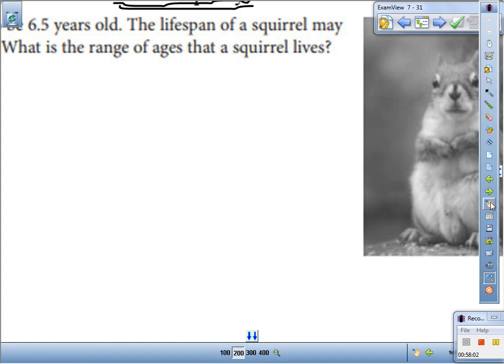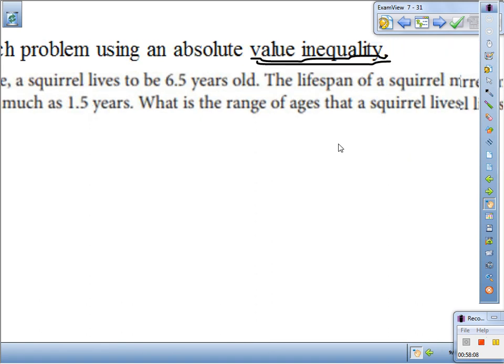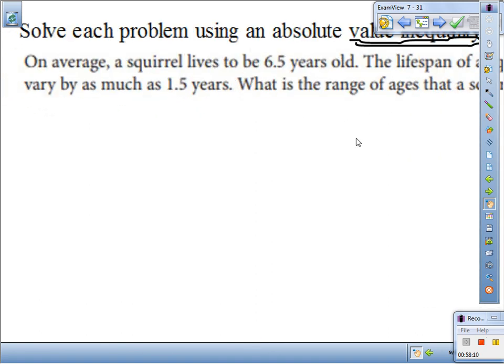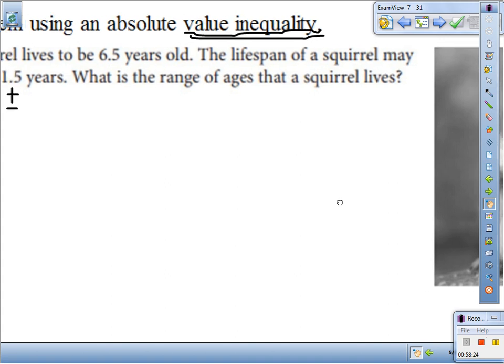my bad. All right, it reads, on average, a squirrel's life is 6.5 years. The lifespan of the squirrel may vary as much as 1.5 years. What does that mean, vary? That it can either be plus or minus 1.5 years. What is the average age of the squirrel's life?